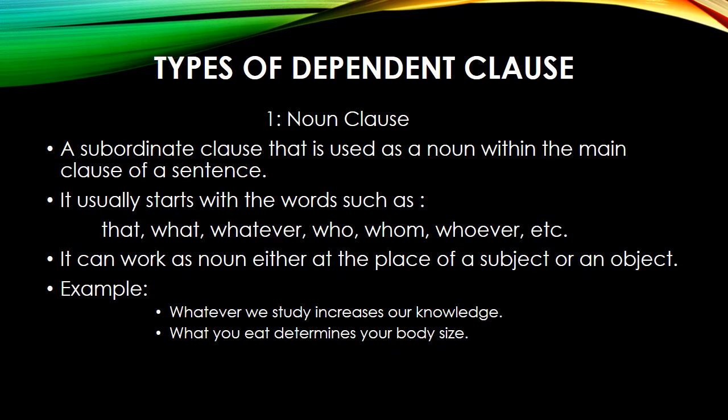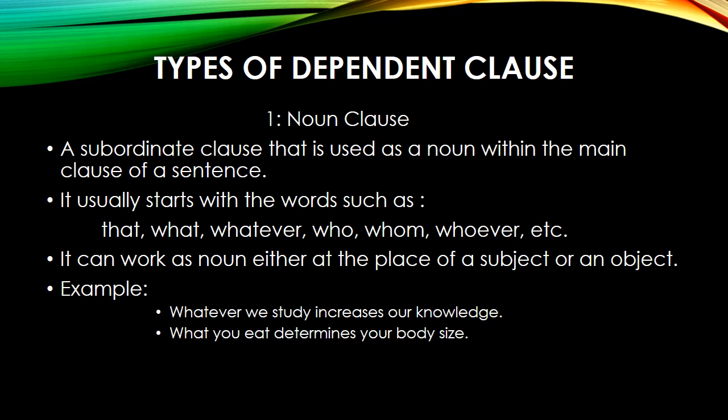Students, there are many types of dependent clause, but I'll discuss only three main types. First is noun clause, second is adjective clause, and third is adverb clause. In this slide, I'll discuss noun clause. A noun clause is a subordinate clause which acts as a noun in a sentence.